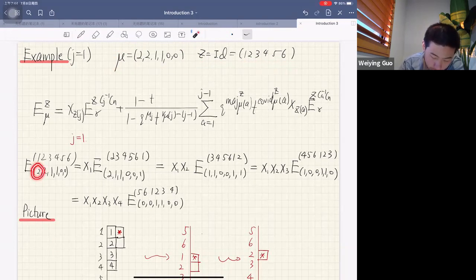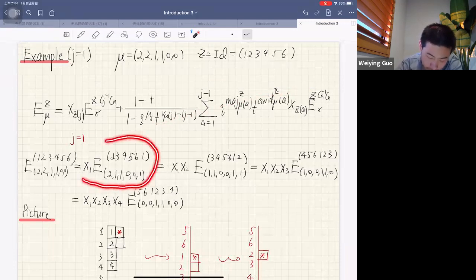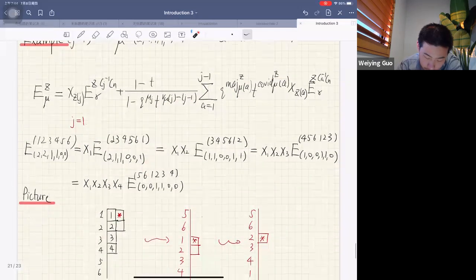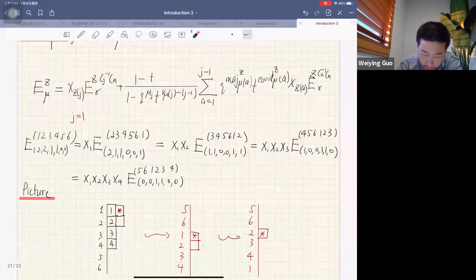Therefore, we have only this factor for the first-step recursion, and the remaining factor involves j minus 1, which is 0, so we don't have this factor. Therefore, for this first-step recursion, we get x_1 times the mu with one box removed, 110001, and it corresponds to the non-attacking filling. We get a 1 inside our non-attacking filling.